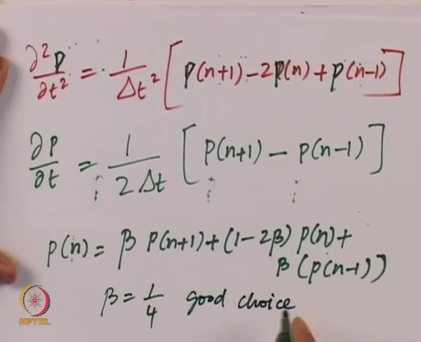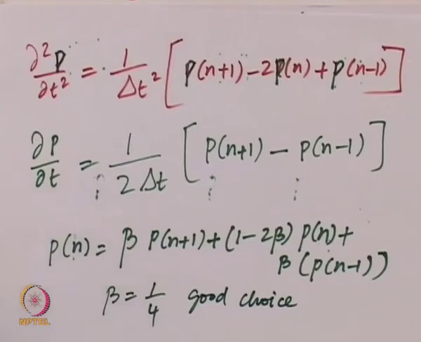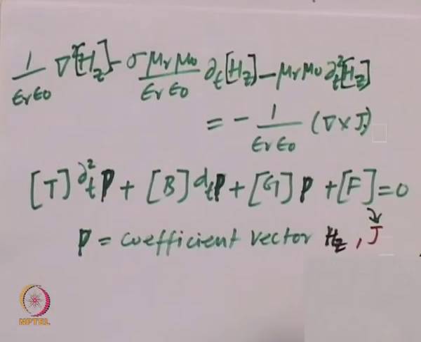for numerical modeling. So if you choose beta equal to 1 by 4, our expression which is here should be changed into a simple, more easily approachable form. So we are going to write it in an easier form as follows.